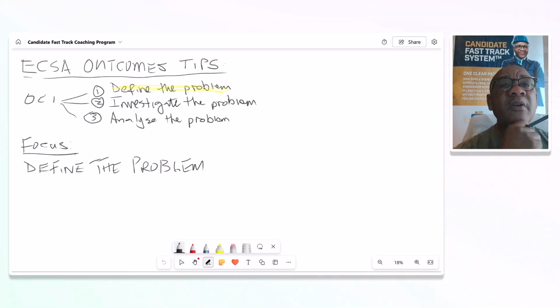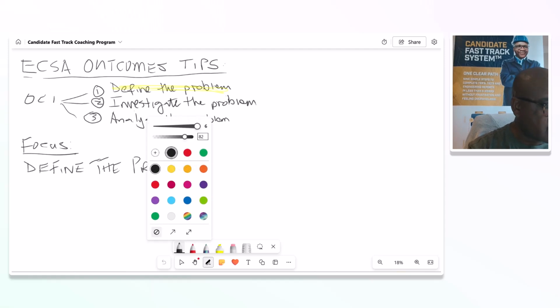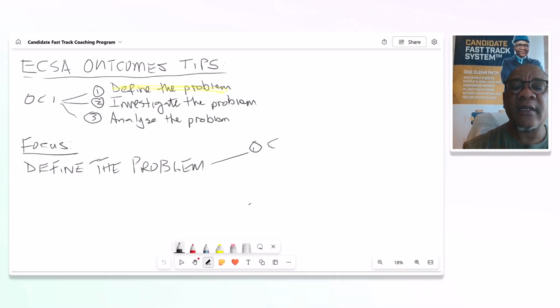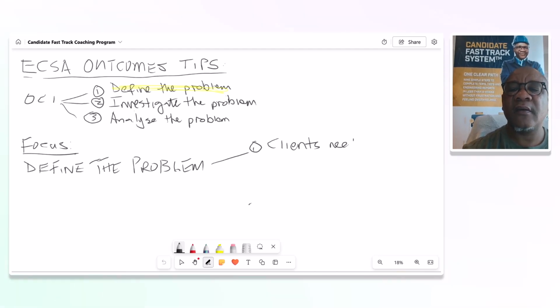When you talk about defining the problem, there are two things that are important that you need to indicate in this outcome. One, you need to understand what the client's needs are. This is very important.